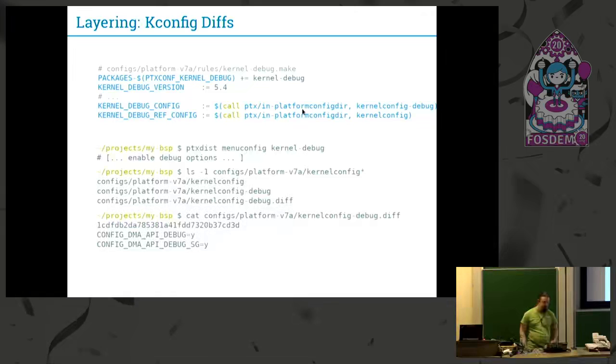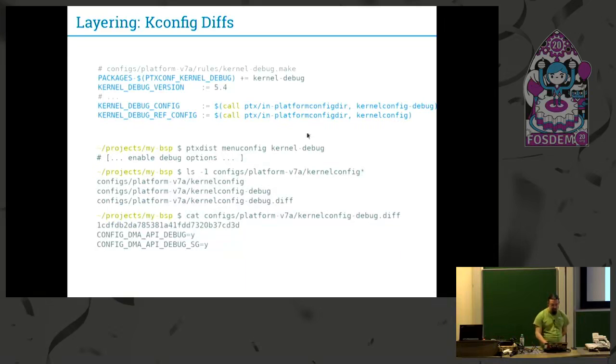But you tell PTXdist this ref config variable, and this points to another kernel config in this case. And then internally, PTXdist computes the diff between what you select in this kconfig file and this kconfig file.